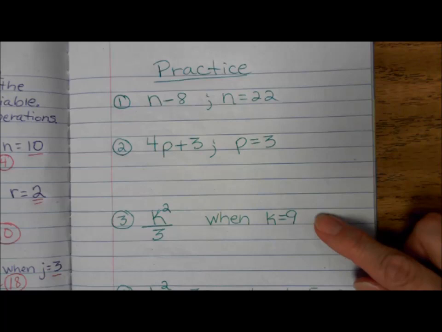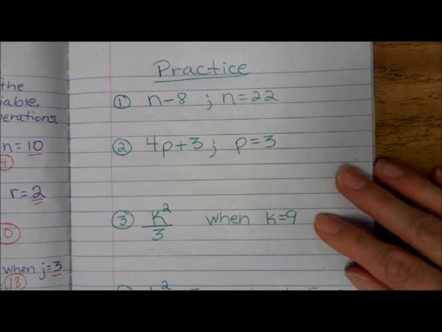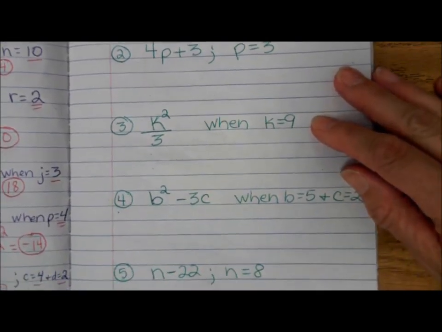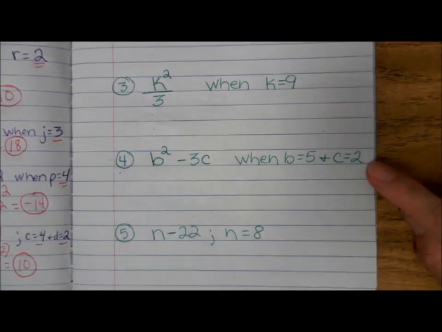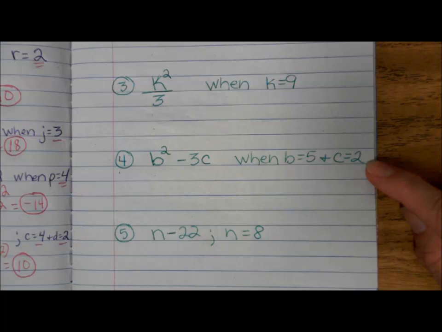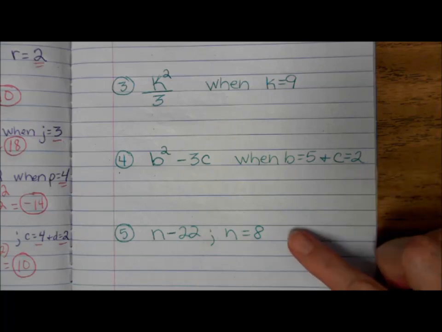Number 3 is k squared divided by 3 when k equals 9. Number 4 is b squared minus 3 times c when b equals 5 and c equals 2. So you have 2 variables there. And the last one, number 5, n minus 22, where n equals 8.